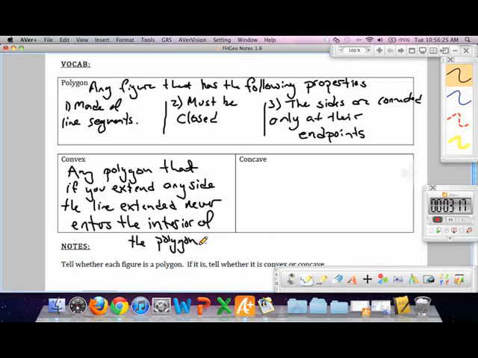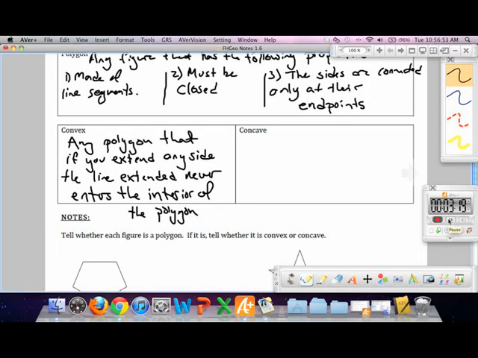The definition of concave is pretty simple. Concave is any polygon that is not convex.